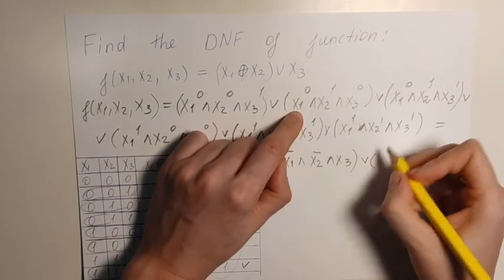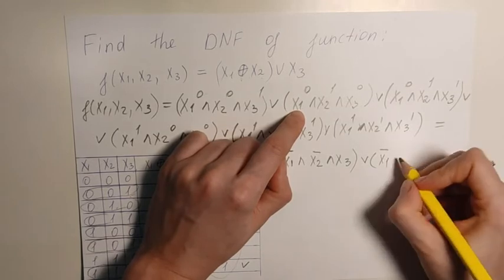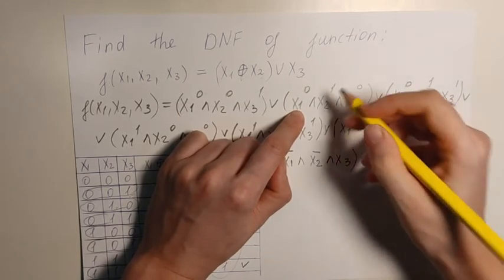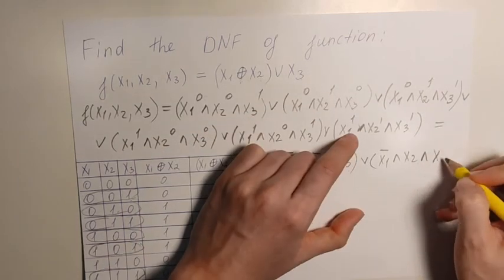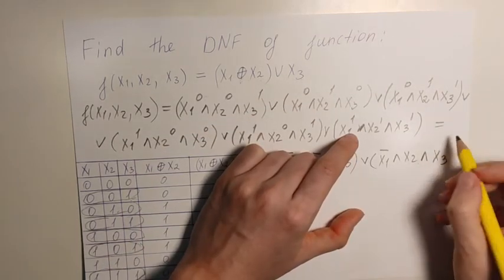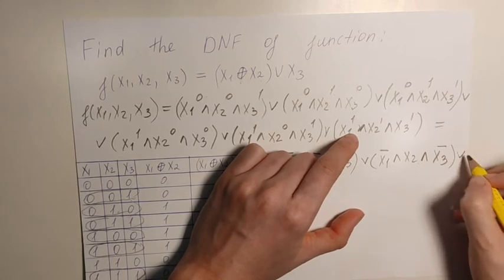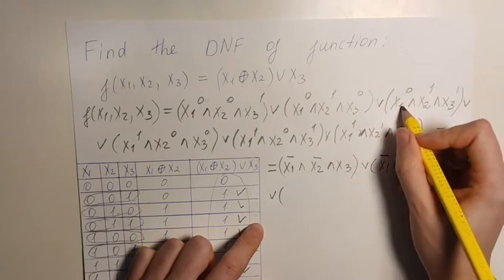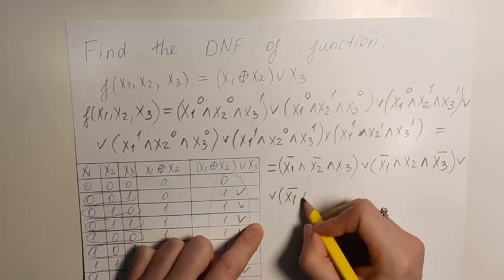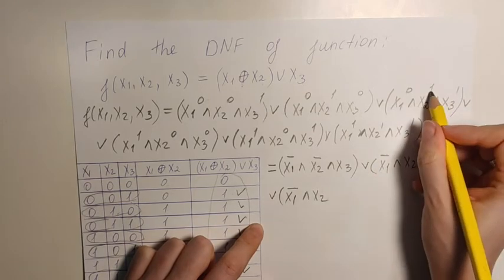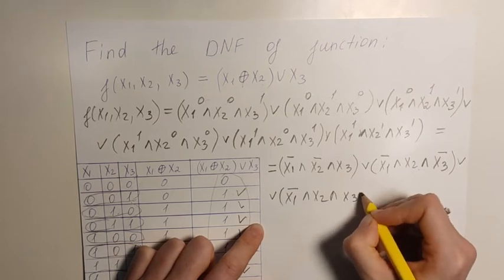Again, x1 0 will be x1 negation, x2 1 will be the same, x3 0 will become x3 negation. Or x1 0, again we change it to x1 negation, x2 1 will remain, x3 1 also will remain the same.